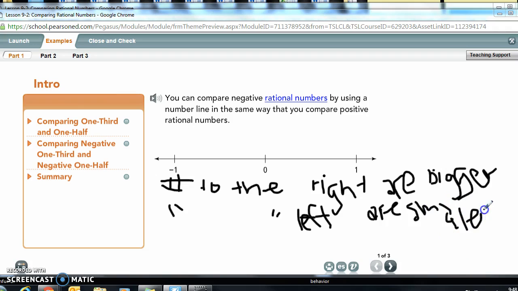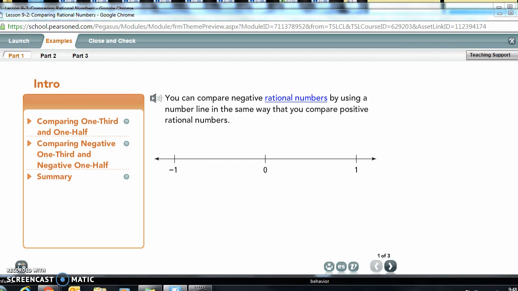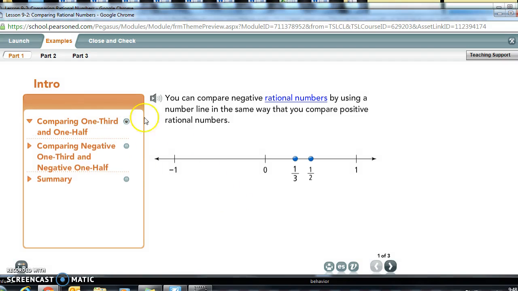Okay, and now we're going to go to the next page on your notes. 1/3 is to the left of 1/2 on the number line. So, 1/3 is less than 1/2. Similarly, 1/2 is to the right of 1/3 on the number line.